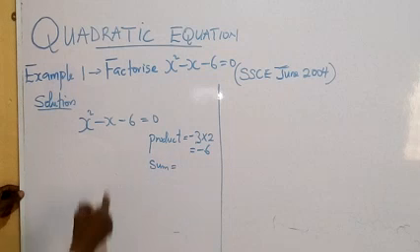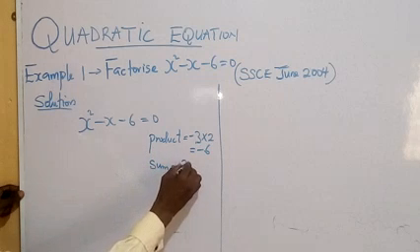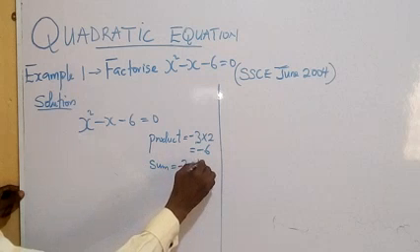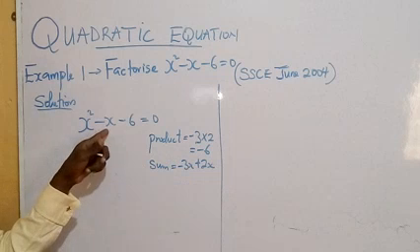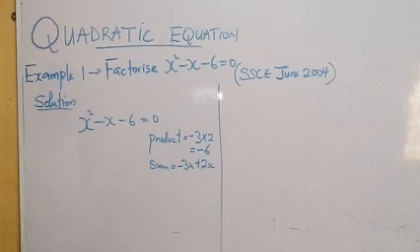You can say -3x plus 2x. It can give us the coefficient of x.